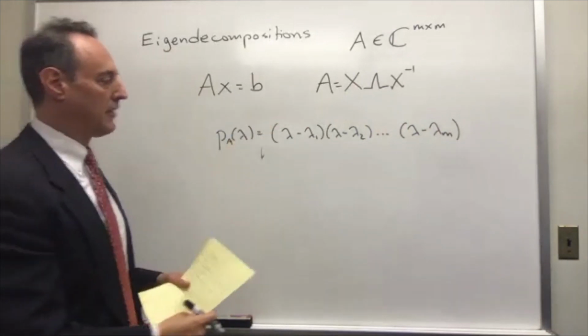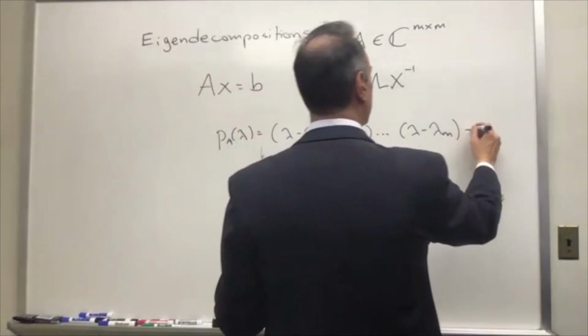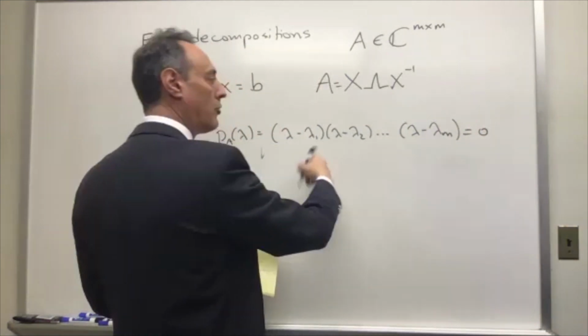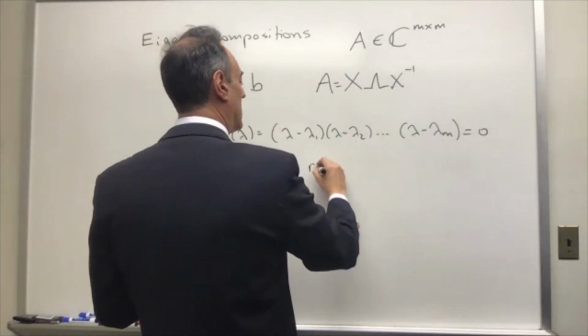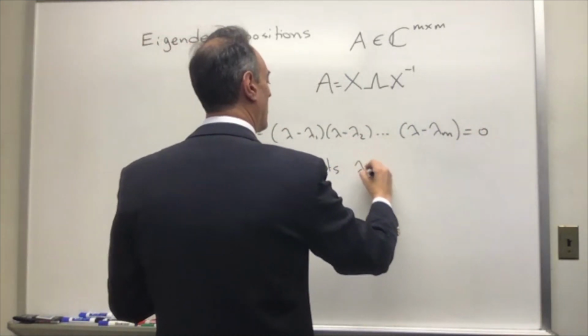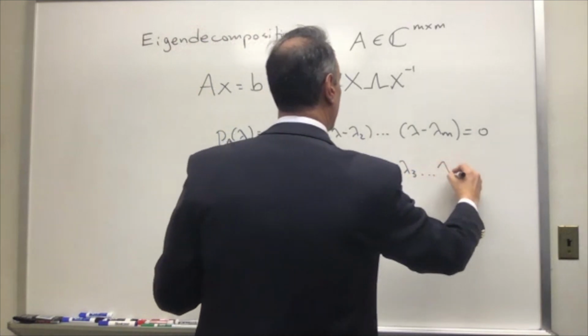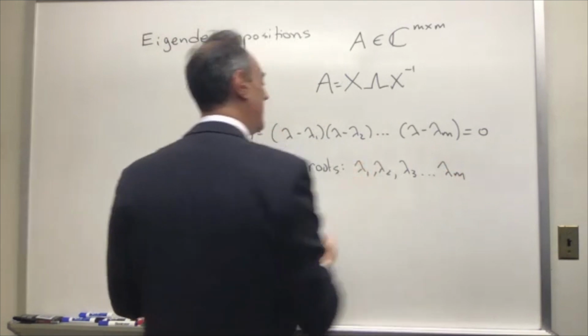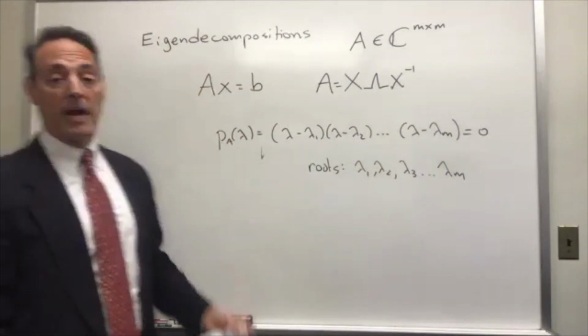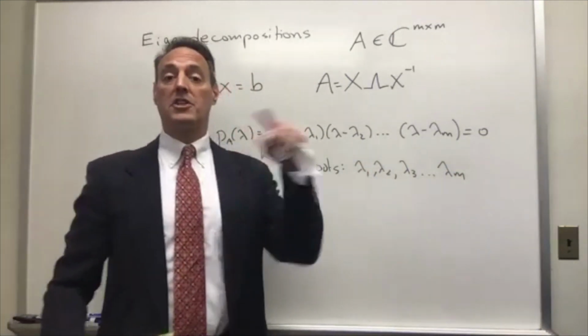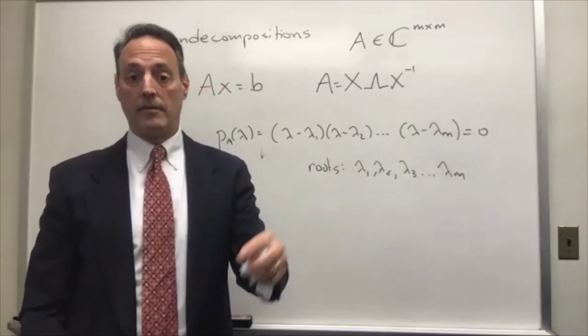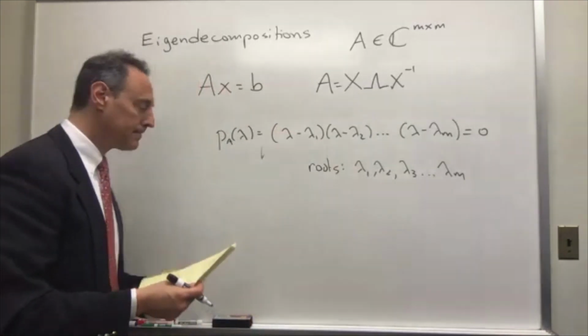I can break it up like this, and I'm looking for when this is 0. So your roots would be lambda 1, lambda 2, lambda 3, all the way to lambda m. So those would be my eigenvalues, or the spectrum of the matrix A. Okay?